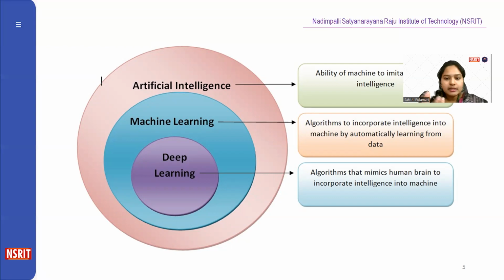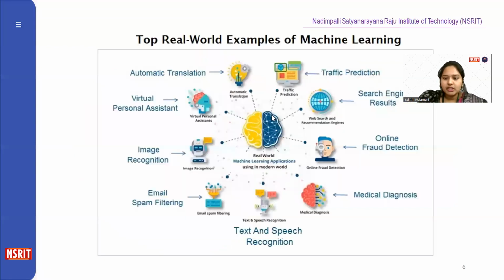After learning, these machines are able to make their own decisions without being explicitly programmed by a programmer. Some real world applications of machine learning are email spam filtering, text and speech recognition, medical diagnosis, and fraud detection.